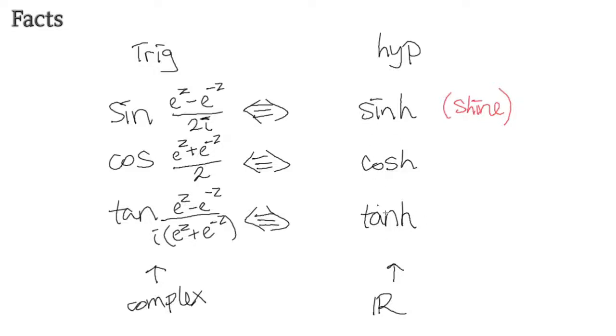So these are all real, and their expressions would be e to the x take e to the minus x all over 2. Do you see how those two kind of match up? Then cosh would be e to the x plus e to the minus x all over 2.